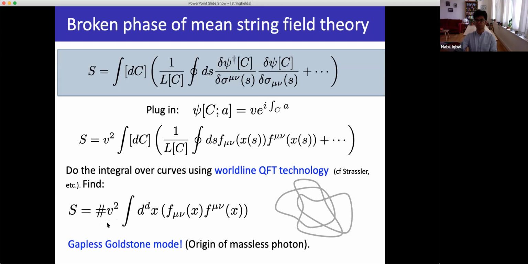Well, let's take a step back for a second and think about this. If you'd like, this is a way of understanding where the normal massless photon in our universe comes from. I don't know if you've ever lain awake wondering why the photon is massless. When I teach quantum field theory, I tell students the photon is massless because of gauge invariance.